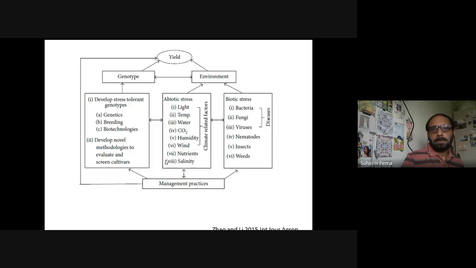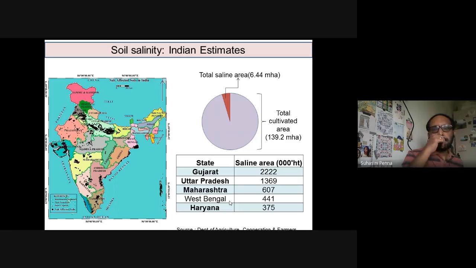Here you can see the different stress factors, biotic as well as abiotic. Just to give you one example of soil salinity, here you can see the black portion, which is given in the Department of Agriculture, Cooperation and Farmers Welfare, Government of India data, which shows these are the most intense salinity areas in India.